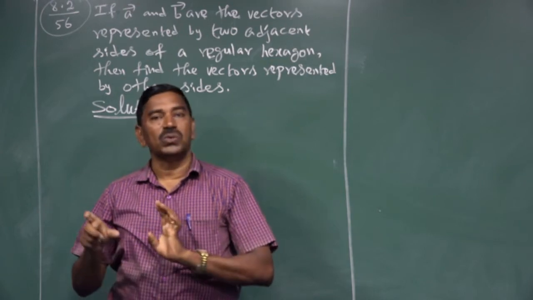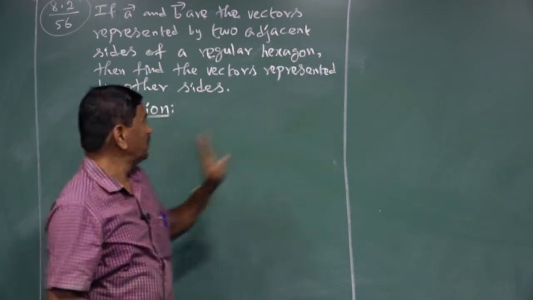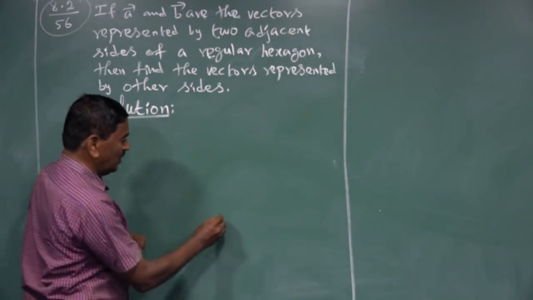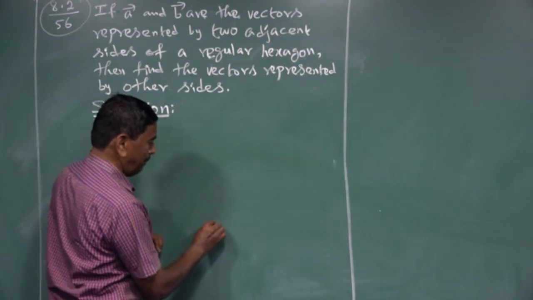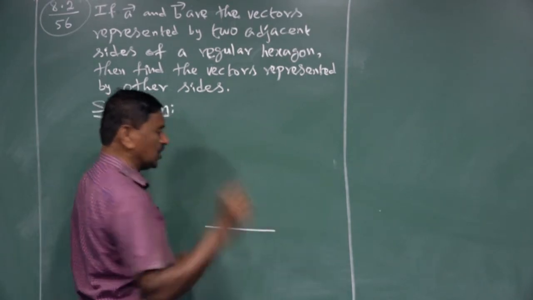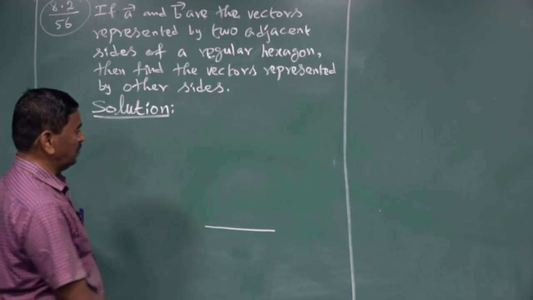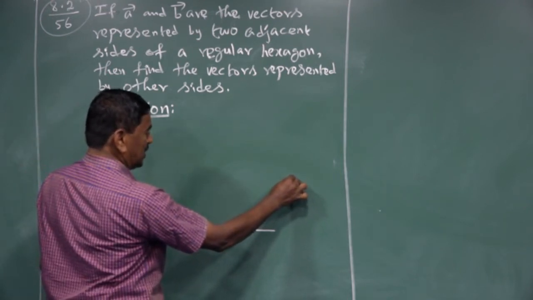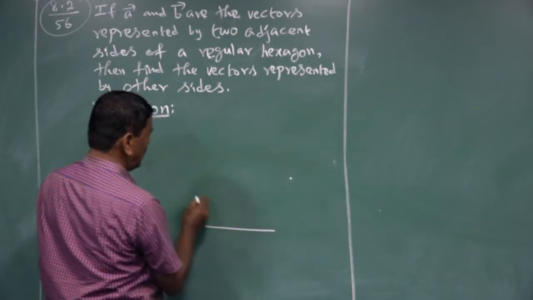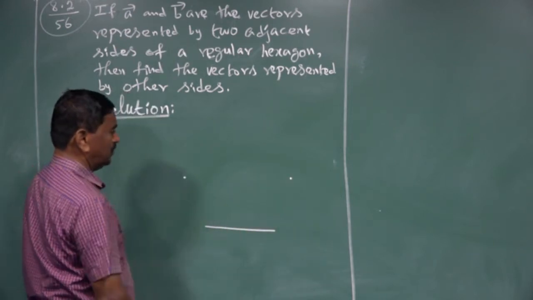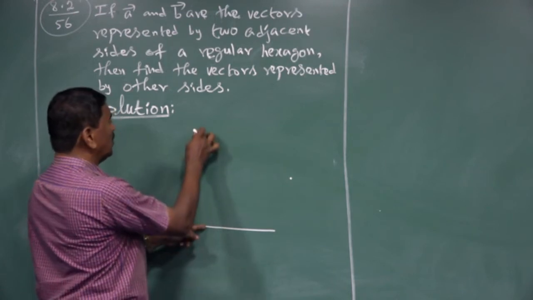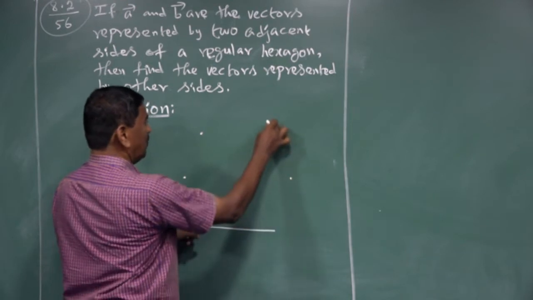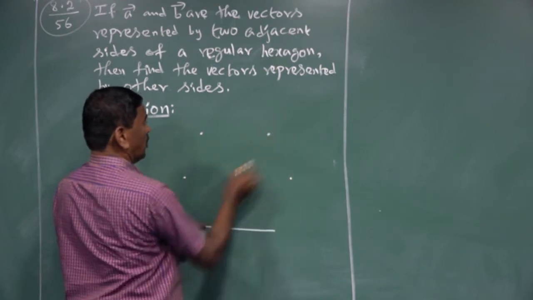First, let us draw the diagram. To draw the hexagon, we have a technique. First, draw the baseline. Next, take one point on the right side and one point on the left side at equal distance. Then take one point vertically upwards and one point vertically downwards.